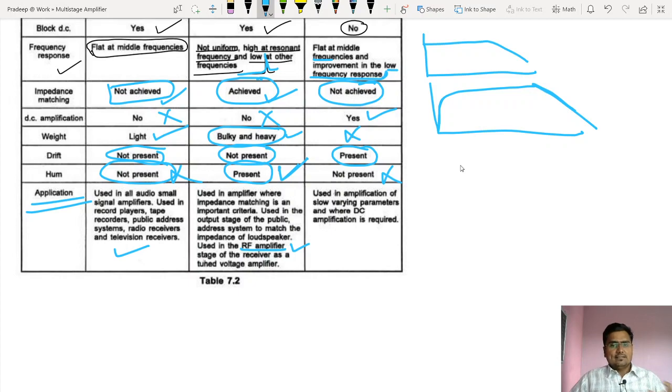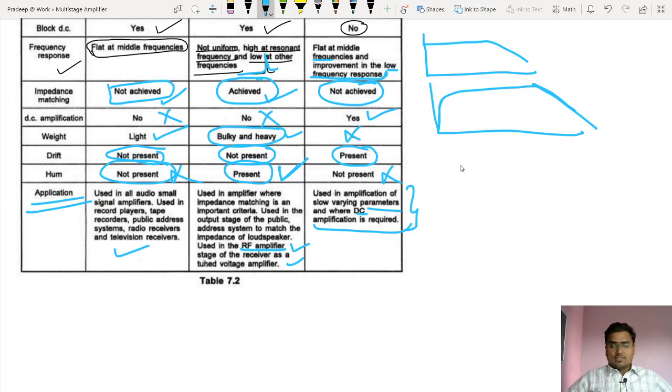So that's why this transformer coupling has a special domain, special application area. Then this direct coupled, see, applications are very limited. See what I have written: used in amplification of slow varying parameters where the DC amplification is required. So basically, as direct coupled amplifier is a DC amplifier, that's why it has very limited applications, is it?